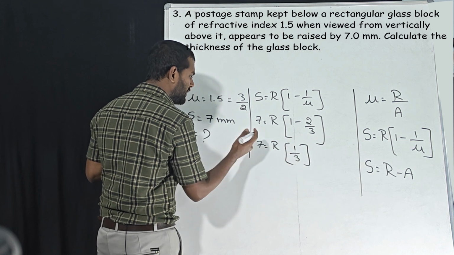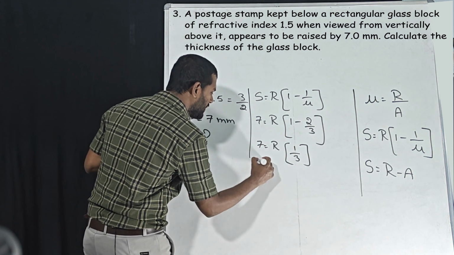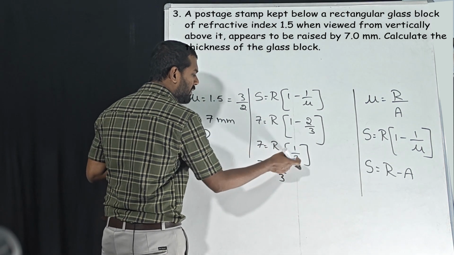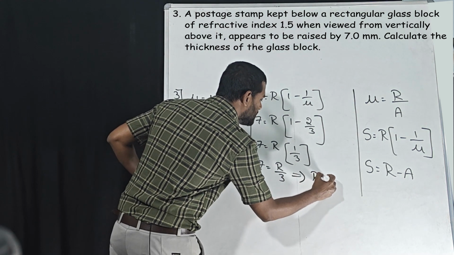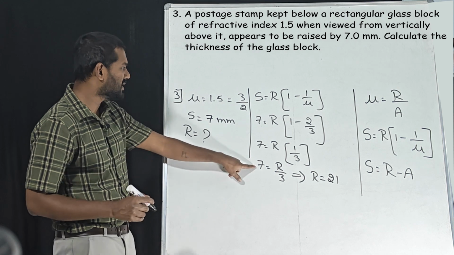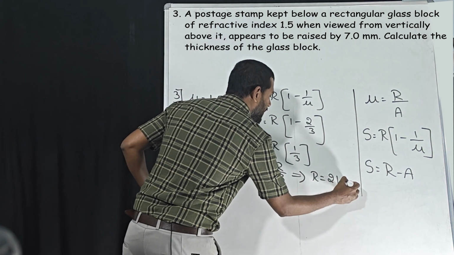If you move this 1 by 3 to that side, this 3 will go to this side. So we can write it like this: R into 1 by 3 is nothing but R by 3. So R is equal to 7 times 3, which is 21. Initially, this 7 is in mm, so this will be in mm.